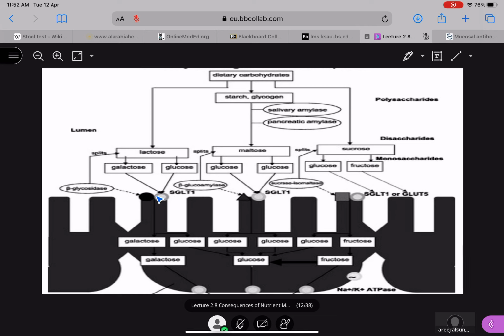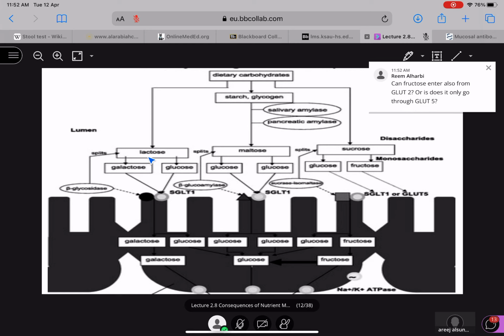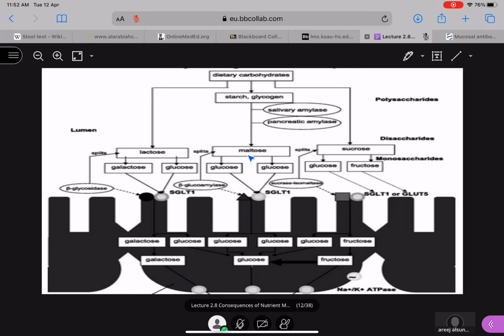So this brush border enzyme will cleave, for example, lactase will cleave the lactose into glucose and galactose, and sucrose will be broken down to glucose and fructose, and isomaltase cleaves maltose to glucose. This will convert the disaccharide to a simple monosaccharide, which is then ready to be absorbed.